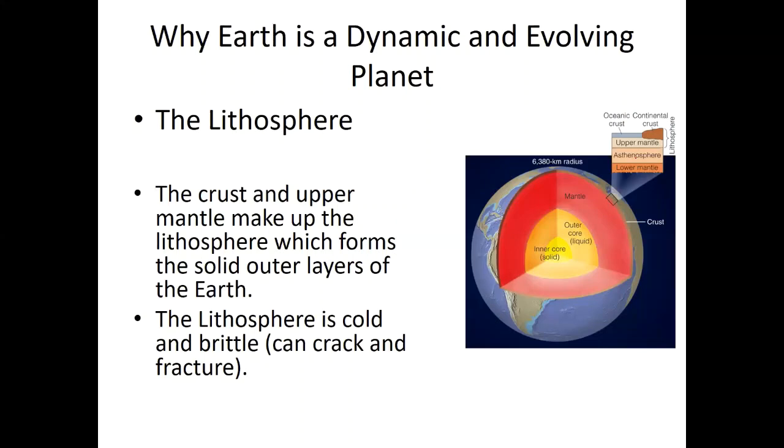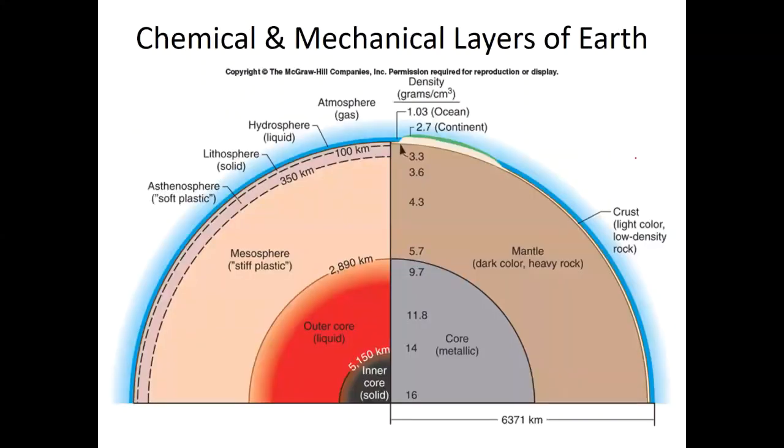So the lithosphere is the cold outer layer of the earth. It's rock, and it can crack and fracture because it's brittle. And it's composed of the crust and the uppermost mantle. So here we can see the chemical layers on the right juxtaposed with the mechanical layers on the left.